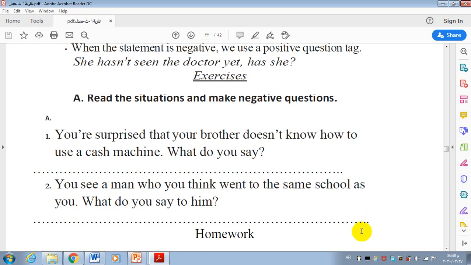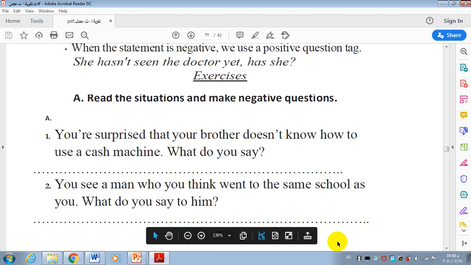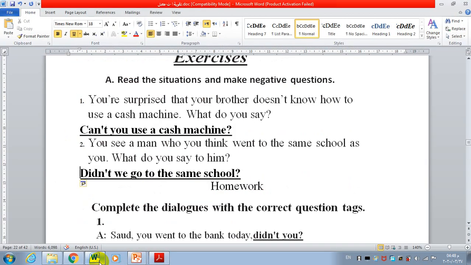Okay, let's see the answers for the two situations. Situation number one, you are surprised that your brother doesn't know how to use a cash machine. I will ask him, can't you use a cash machine?